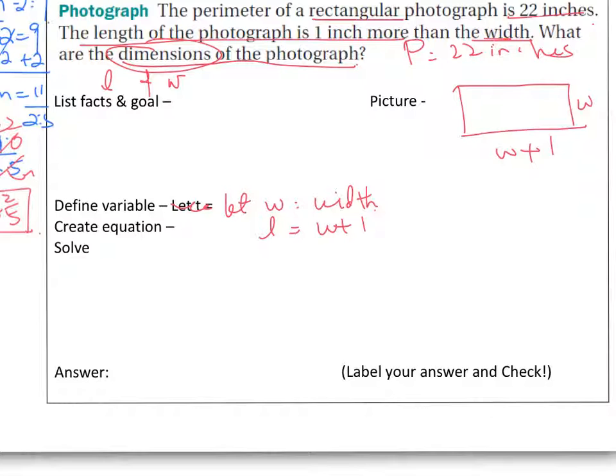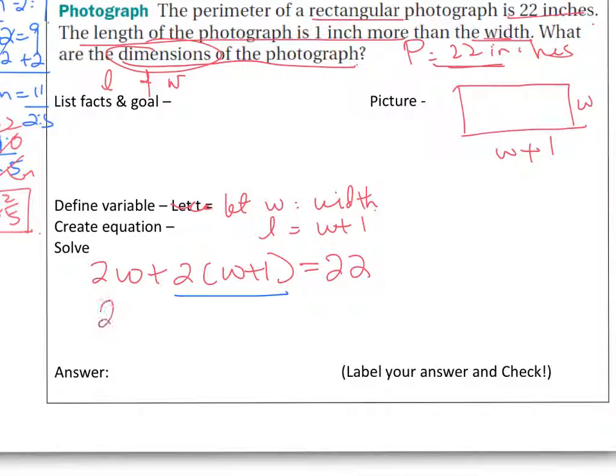To solve, we need to set up an equation. We're given the perimeter, so we can double the width and double the length and set it equal to 22. So now we need to first distribute this part of the equation. 2w plus 2w gives you 4w.